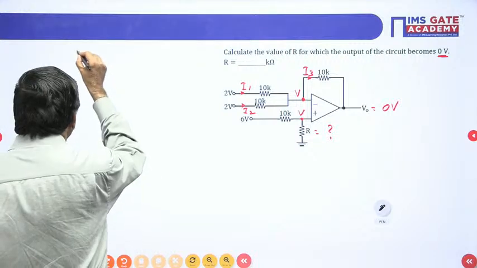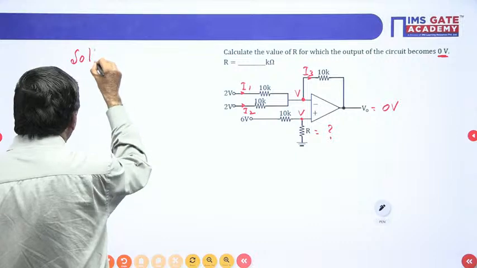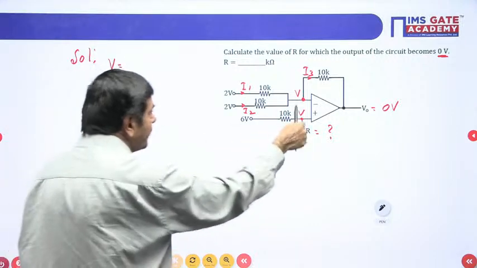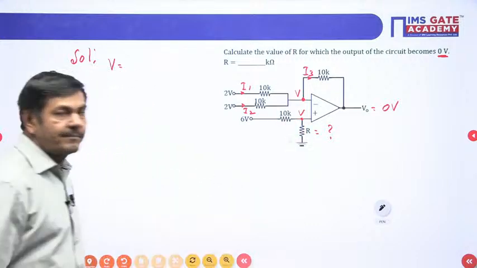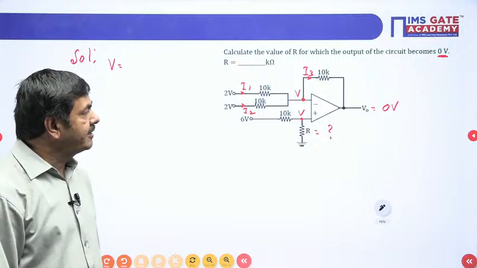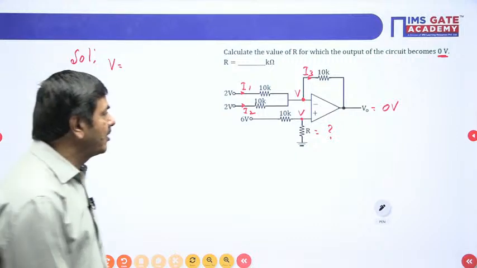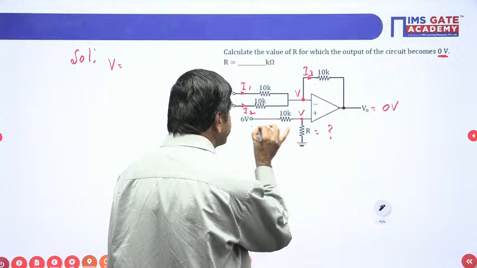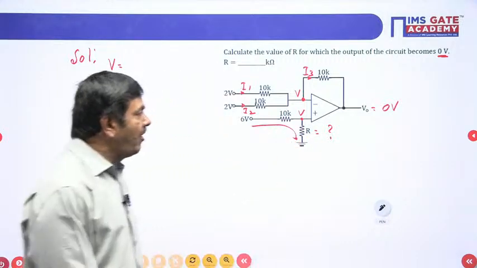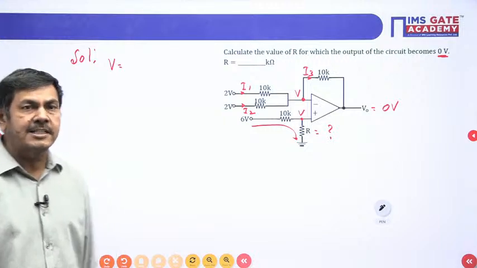But in this case, initially we need to find what V is. The V is nothing but the voltage across this resistance R. By applying the voltage divider formula, we can determine voltage V, because the total current is going to pass in this particular direction only. The same current is passing through all the resistors, so we can apply the voltage divider formula.